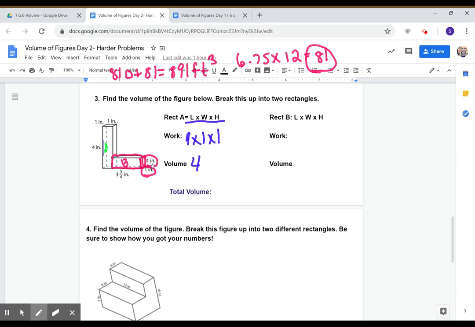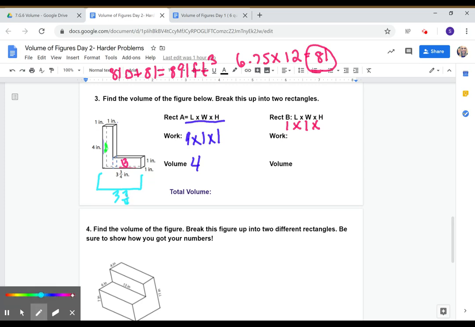I see another 1. So 1 times 1 times, now be careful here. We talked about this. I'm going to erase this. Now, they're telling me from here to the end is 3 3/4.